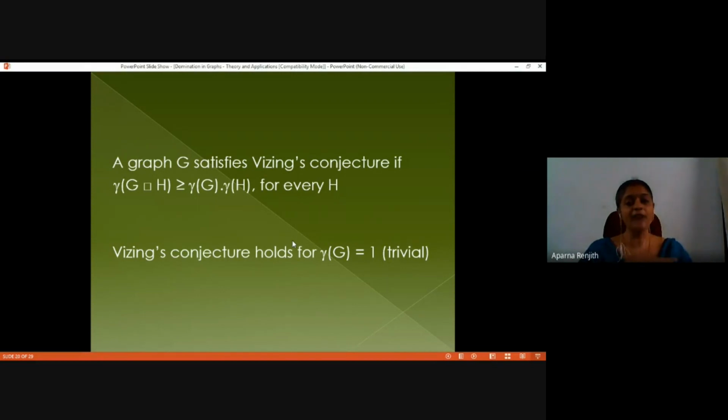And we have n of G copies of H, and it is easy to prove that at least gamma of H vertices are required to dominate these n copies of H. And hence, that case can be easily proved. So, for the class of graphs for which domination number is 1, Vizing's conjecture is settled.